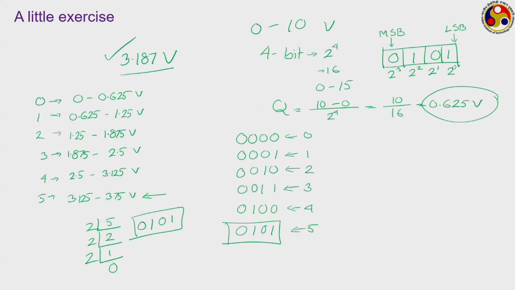Whereas, if we think about a successive approximation ADC, then how does it work? It starts from the most significant bit, whereas here we were starting from the least significant bit. So, the most significant bit will be set as 1, others will be set as 0.